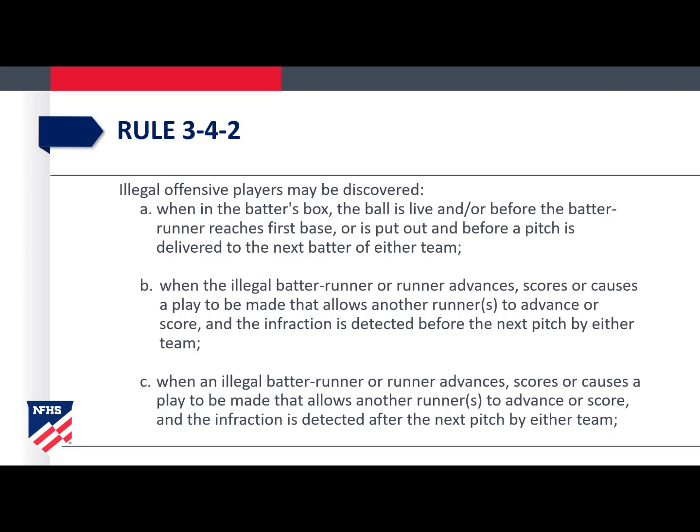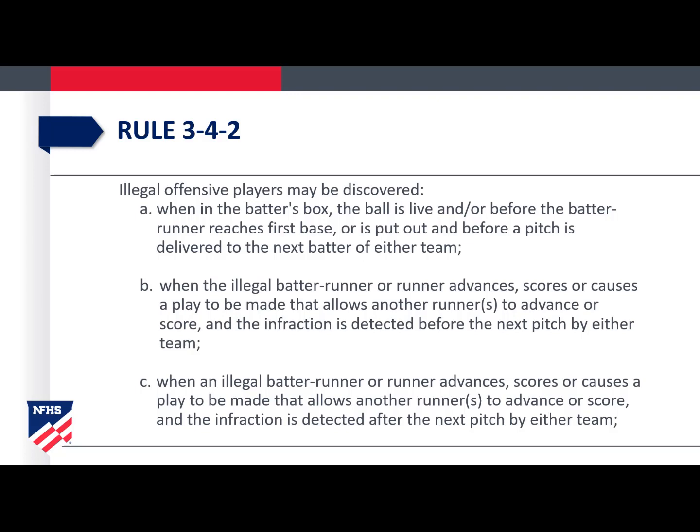Illegal offensive players may be discovered A, when in the batter's box, the ball is live, and/or before the batter-runner reaches first base or is put out, and before a pitch is delivered to the next batter of either team. B, when the illegal batter-runner or runner advances, scores, or causes a play to be made that allows another runner or runners to advance or score, and the infraction is detected before the next pitch by either team.